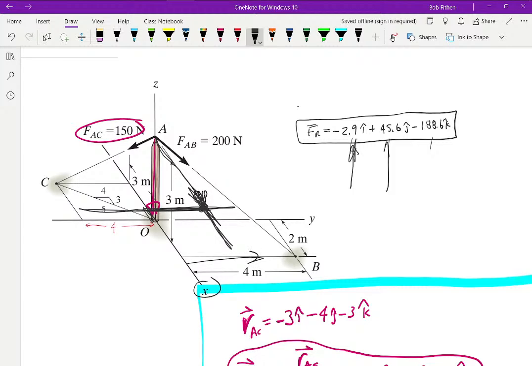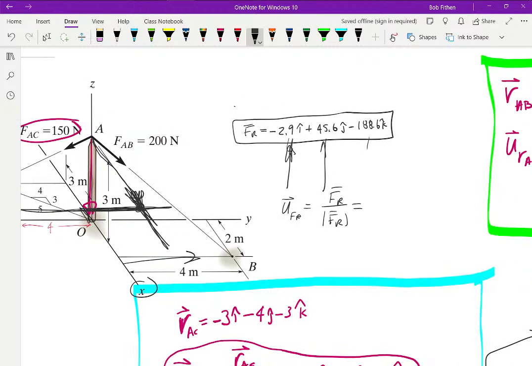So this would tell you that if you were going to find the cosine directions here, your next thing would be to find the unit vector pointing in the direction of FR, which would be FR divided by its magnitude FR. And then you would take the inverse cosine of the UFR. That would give you your alpha, your beta, and your gamma.